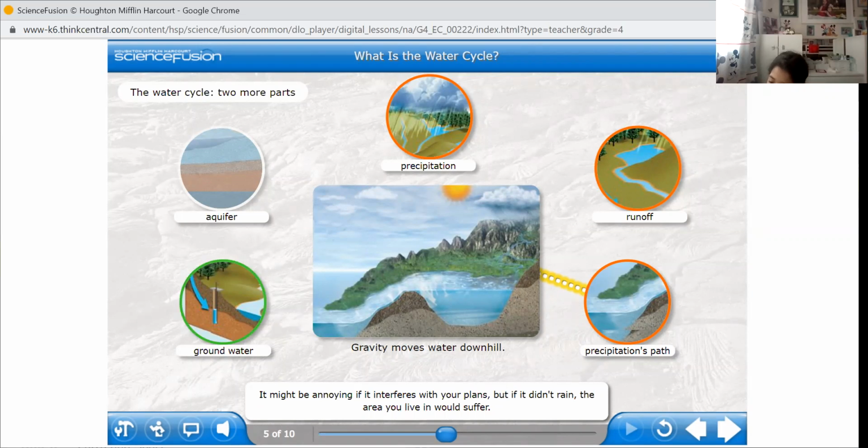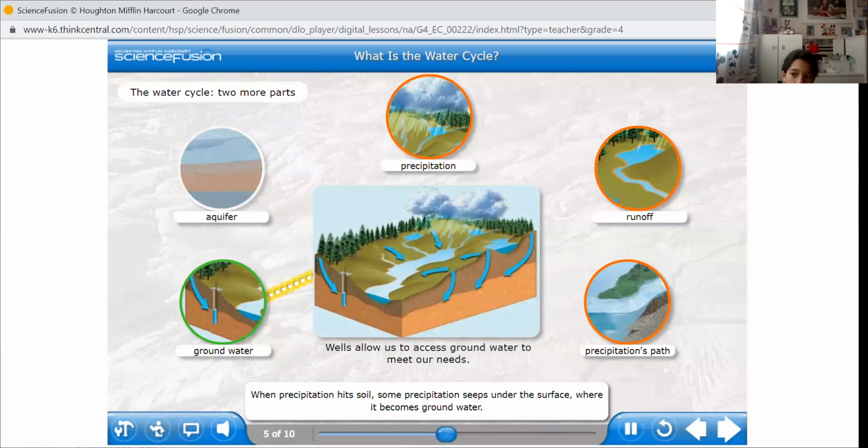Some of it is going to go to other places and go down. Do you know what we call water that goes down the ground? Yeah, groundwater. Excellent, Liana.